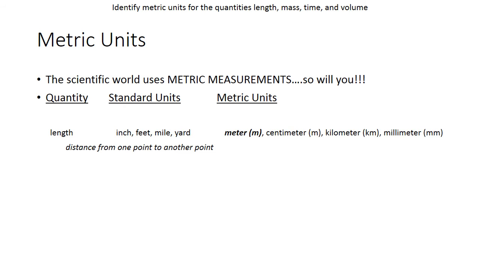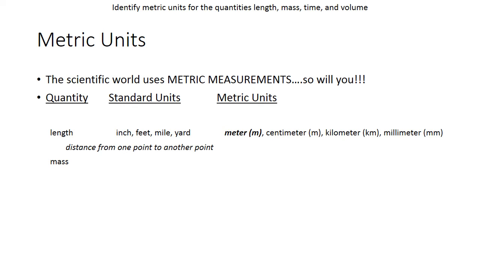Metric units would be like a meter, a centimeter, a kilometer, a millimeter. Now notice I did put the unit meter there. I made it bold. I put it in italics. The reason I've done that is that it is the base unit for that quantity. Meter is a base unit in the metric system. What that means isn't of our concern at this very moment. We'll deal with that later in the class.